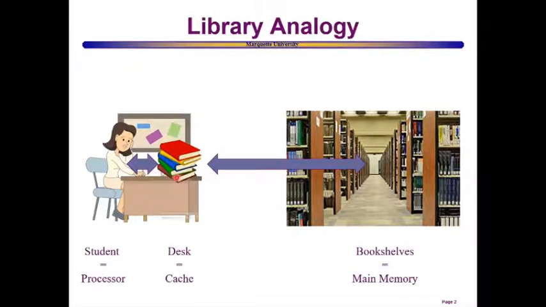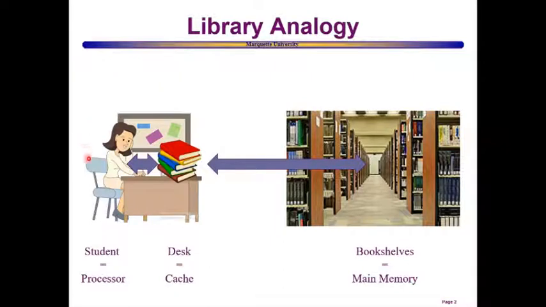Initially, the desk is empty, but the more information is needed, the more books will be brought and available on the desk for the student to access very quickly. Accessing information from the books on the desk takes very little time, is very fast, very efficient, very few clock cycles. Whenever the student needs to go and fetch more books from the bookshelves, that takes much longer, many more clock cycles, and that is undesirable.